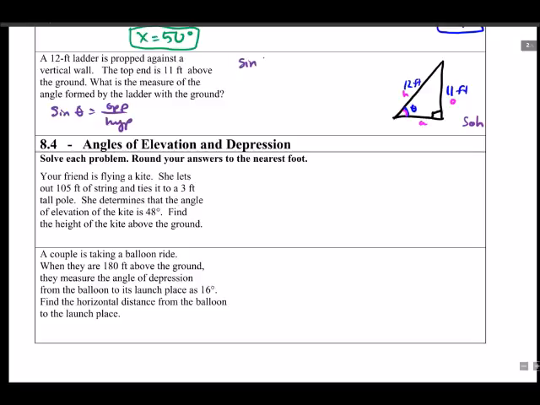So sine theta equals opposite, 11, over 12. Looking for an angle, so theta equals the inverse sine of 11 over 12. If we're looking on our trig table, that is 0.9167.